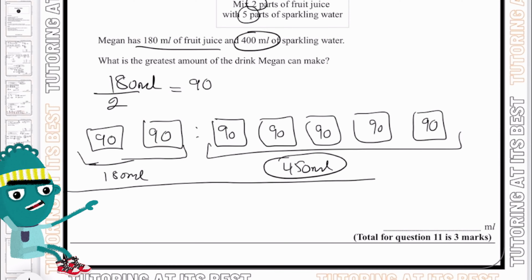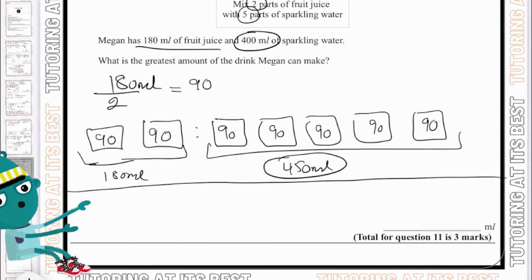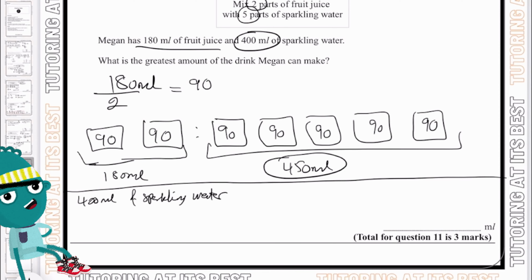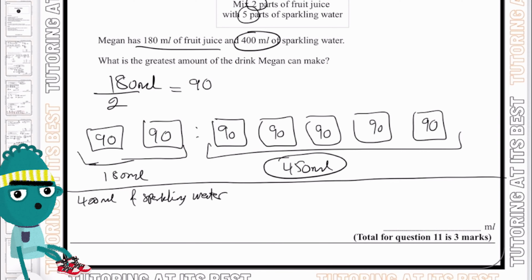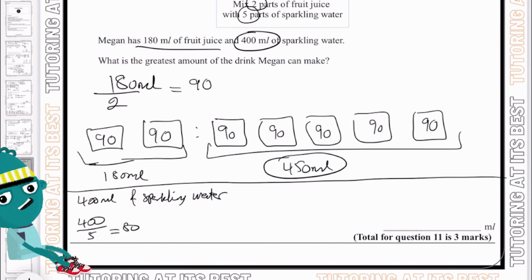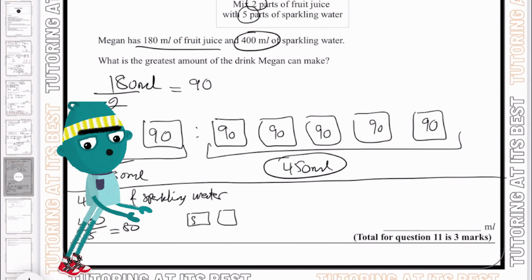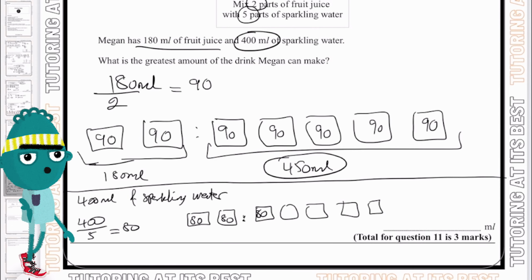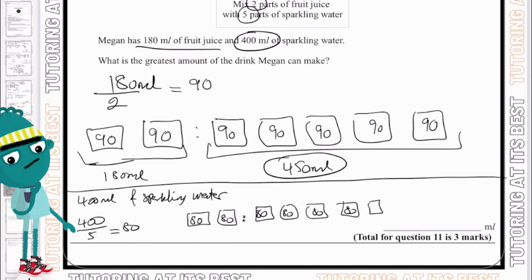But now let's take a look on the basis of having 400 milliliters of sparkling water. So now we know we've got 5 parts of it. So let's go for 400 divided by 5, which gives us 80. So again, if we take our 7 parts here, 80 and 80, and let's write 80 in each section here, we know we have 160 in total to 400.